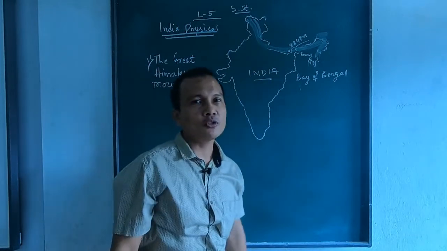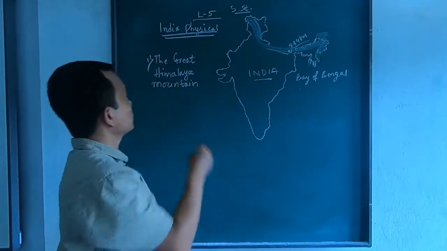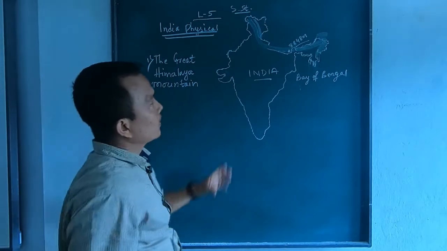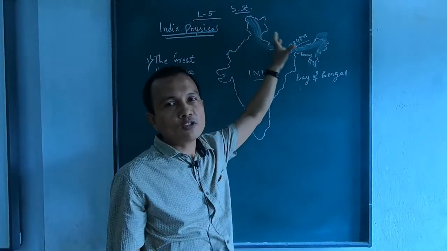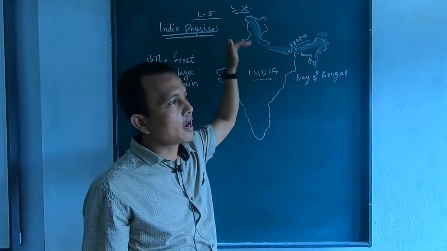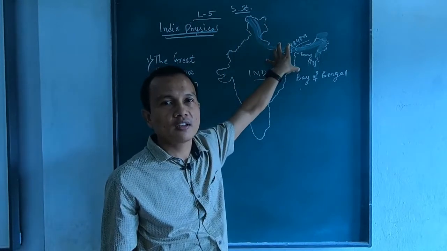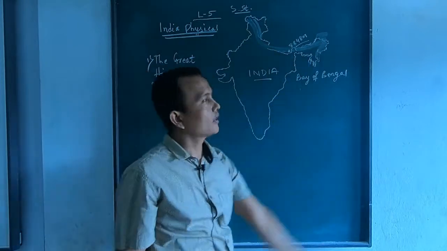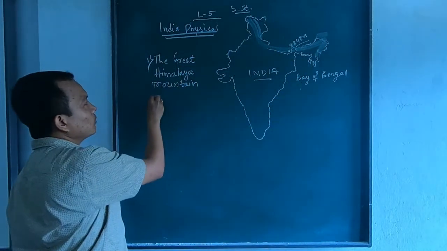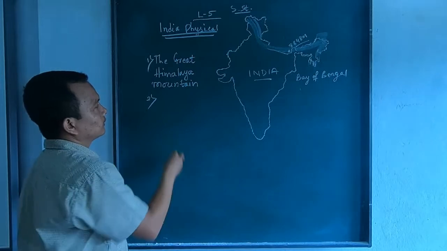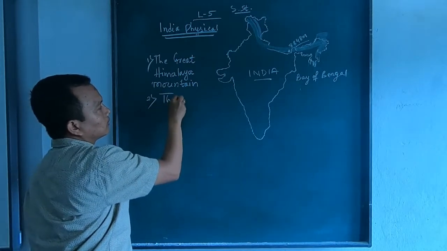Okay, and let us come to the next point. Oh, one more thing, it is less populated because of the high mountains and snow covered areas. So the population is very sparse in this zone.